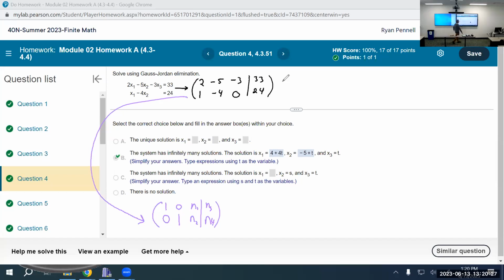All right, let's see if I can do it. Well, I want the first row, first column, that 2 there, I want that to be a 1. And since they gave me a 1 for free, I'm just going to exchange the rows. So row 1 for row 2.